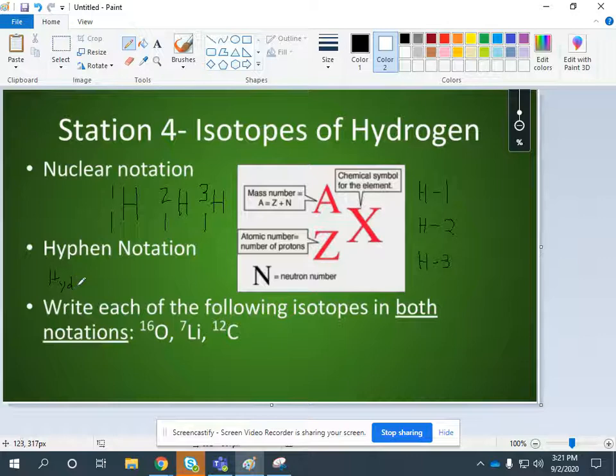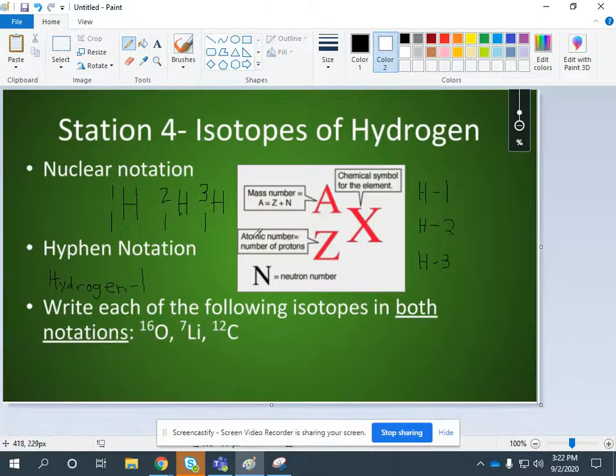And I apologize if the handwriting is hard to read. But you're going to write out the full name of the element, which is hydrogen. Now, if we're talking about protium, again, the mass number is 1. So I'm going to put a hyphen or a dash, and the mass number would follow.